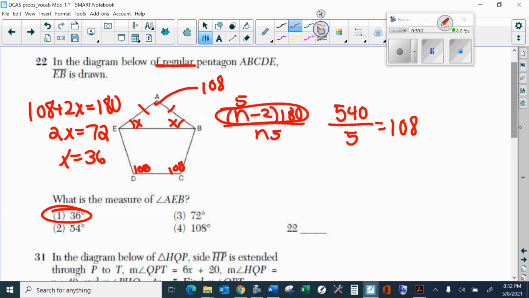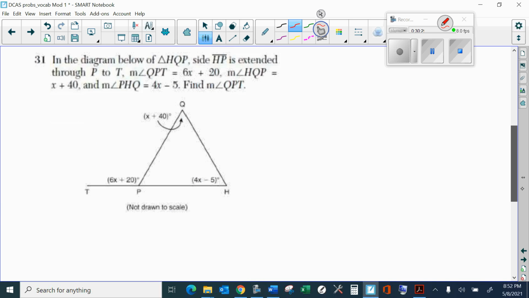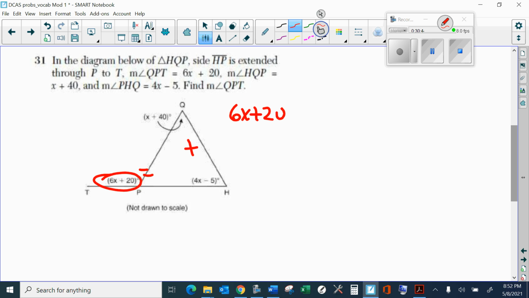Okay. In the diagram below, here we have the exterior angle theorem. This equals those two added together. Okay, so we have to do that first. 6x plus 20 equals 5x plus 35.